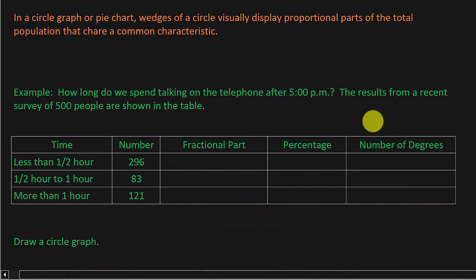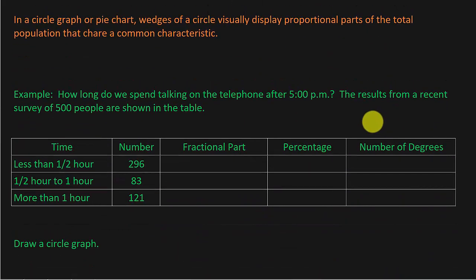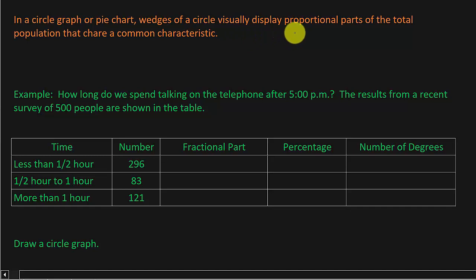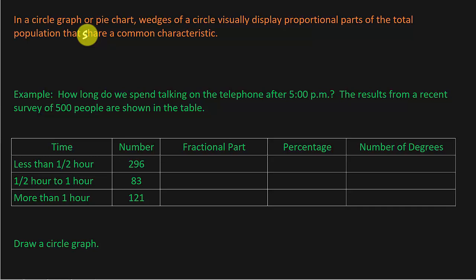So now let's look at a circle graph or pie chart. In a circle graph or pie chart, wedges of a circle visually display proportional parts of the total population that share a common characteristic. So let's look at an example. How long do we spend talking on the telephone after 5 p.m.? The results from a recent survey of 500 people are shown in the table.